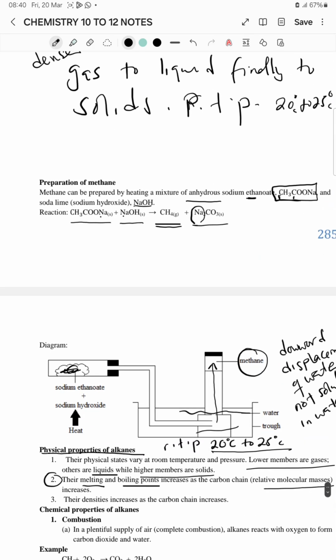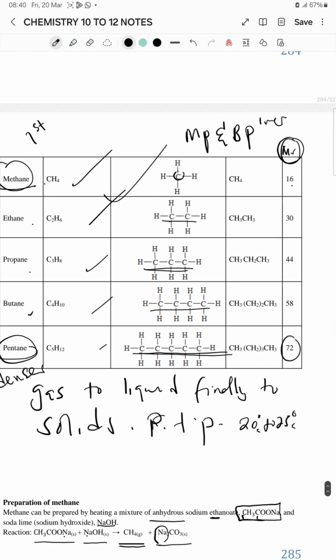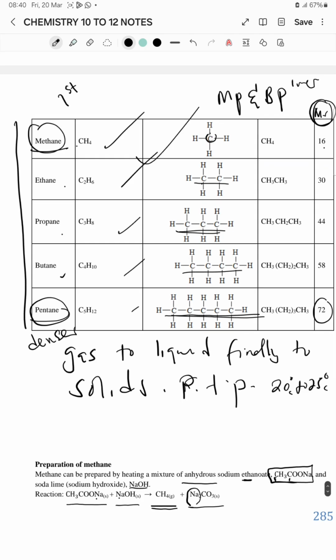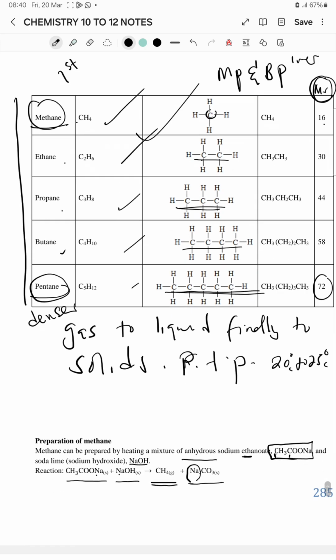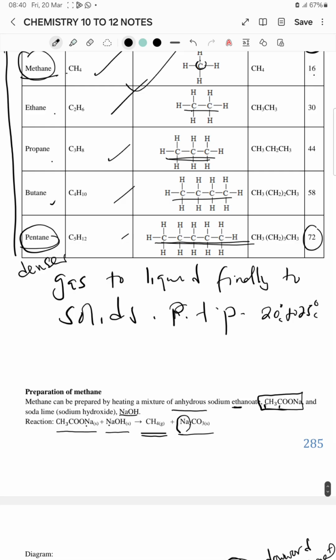These are some of the trick multiple choice questions they ask. So please remember that as the carbon chain increases, the melting point, boiling point, as well as the density increase.